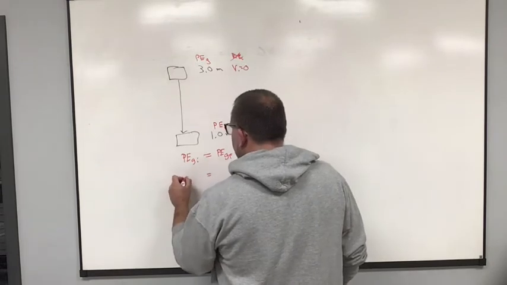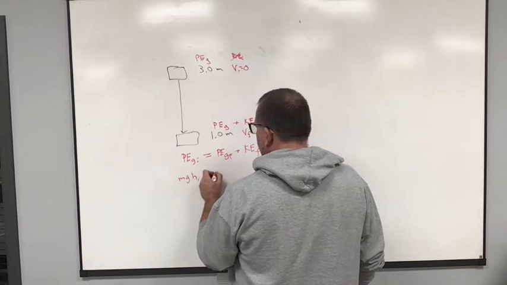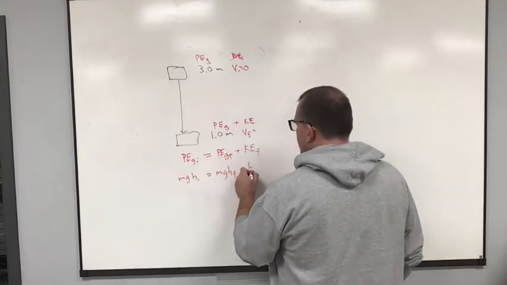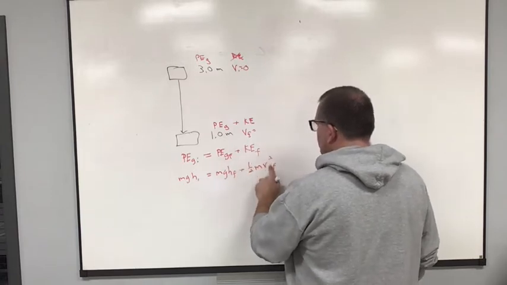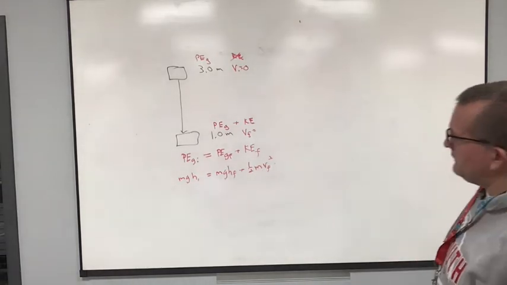So I've got mgh, and this is going to be initial height, equals mgh final height, plus 1/2 m v final squared. All right, so let's start substituting in.